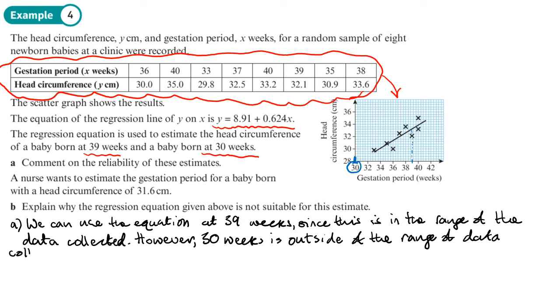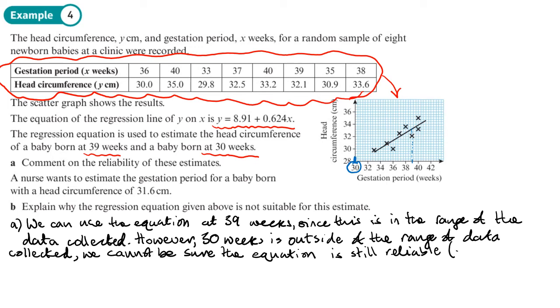collected, and since it's outside of the range of data collected, we've got no idea whether that line is going to carry on the same. It may curve round. So because it's outside the range of data collected, we cannot be sure the equation is still reliable.